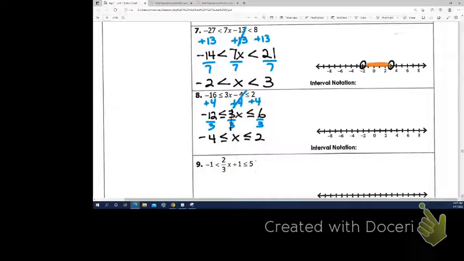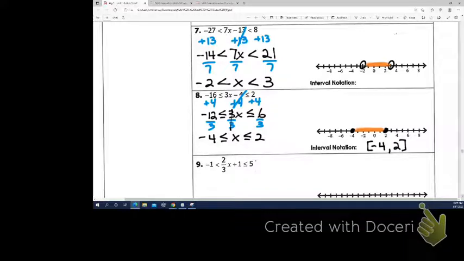So at negative 4, do I have an open or closed circle? Closed, indeed. And at 2, also closed. And then, by the way, the interval notation for this would be from negative 4 to 2.